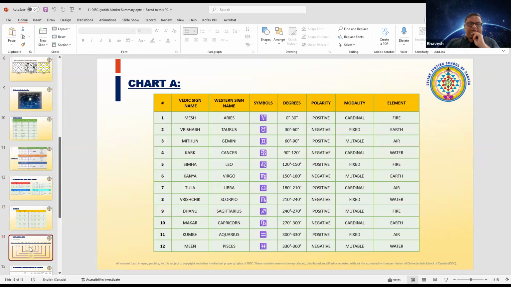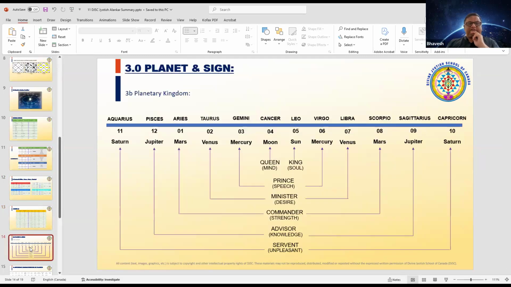Okay, now jumping on to the grahas, planets. Each rasi has ownership by the grahas. If you count, Mars is the owner, or the house lord, of Aries.